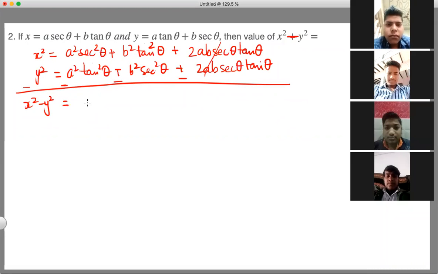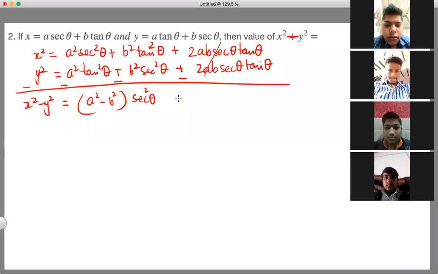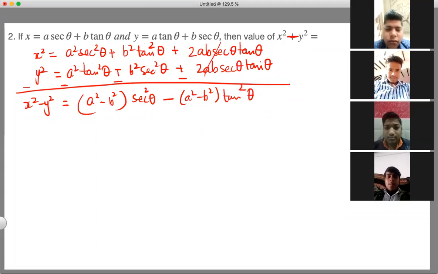We could take a square minus b square common: a square minus b square sec square theta minus a square minus b square tan square theta, right? I am skipping a step here, but you can see this.